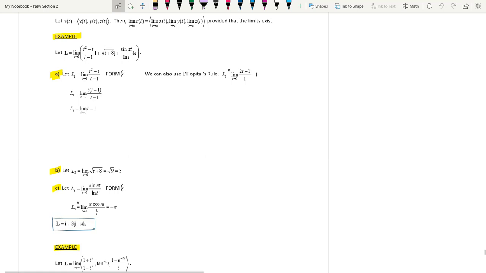Remember, you can apply L'Hopital's rule only if it is 0 over 0 or infinity over infinity form. So the limit of the first component is 1, so it becomes 1i or just i. The limit of the second component is 3, so it is 3j, and the limit of the third component is negative pi, so it is negative pi k.